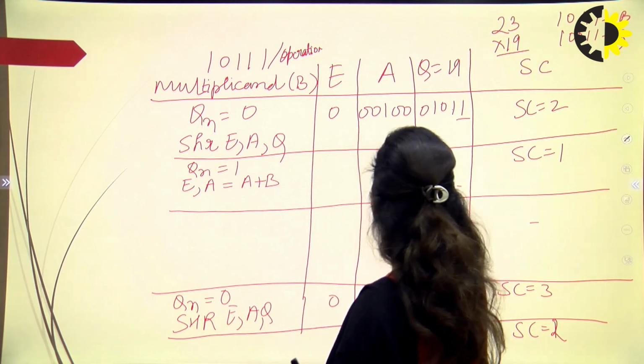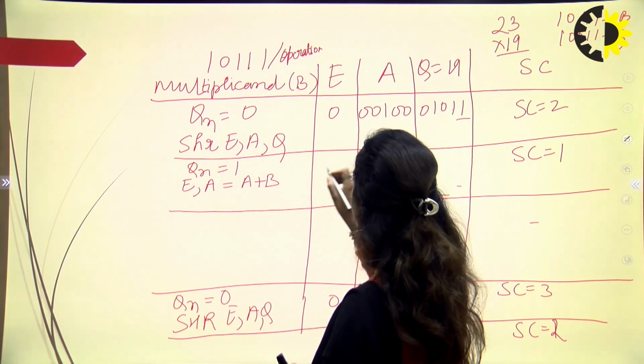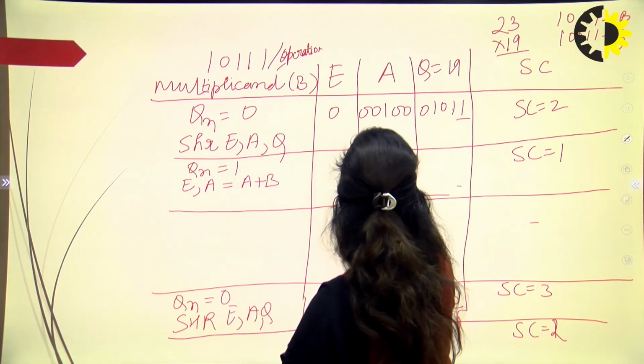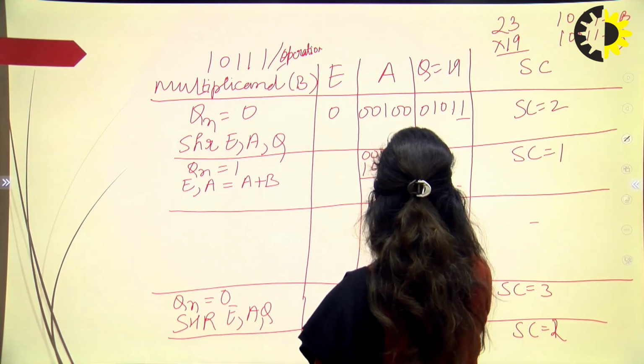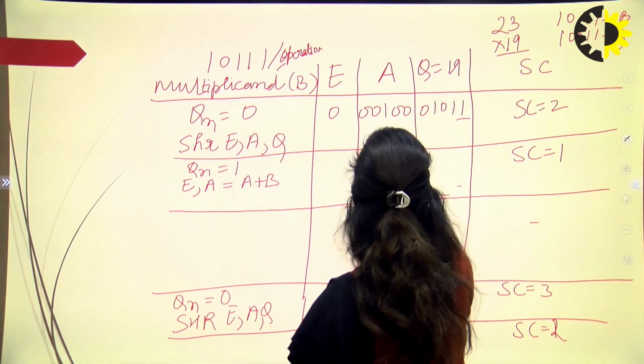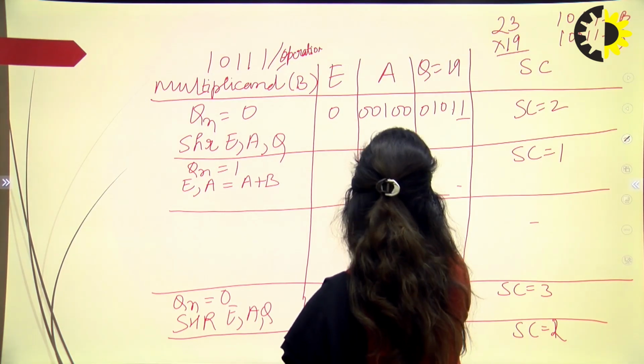Okay, what is the value of A? Let us take 0 0 1 0 0 and we have to add it with this B, 1 0 1 1, and what will be the answer? 1 1 0, again 1 1 and 1. This is the answer.